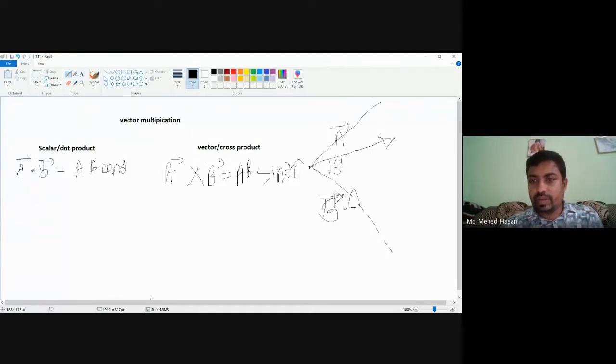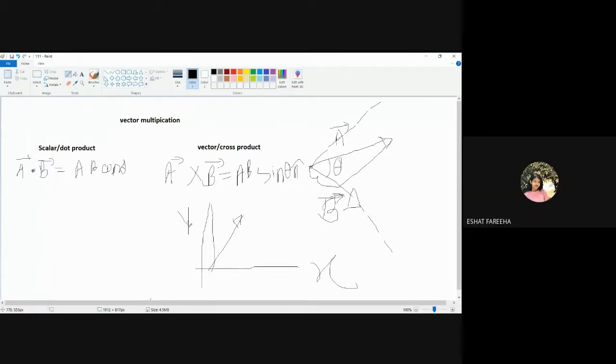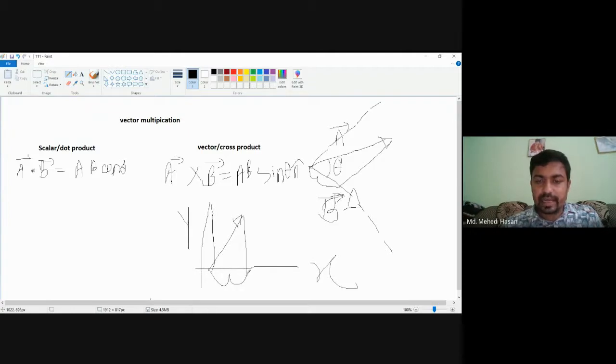Now if we draw a perpendicular line, it will be the component along b. If I had drawn vector a in the x-y axes, this is the projection. This component is along the x-axis, and here it is along the direction of vector b.